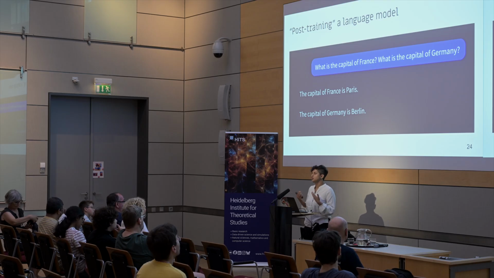Now, the nice thing is the post-training requires way less data than the actual training process. But the counterpart to this is most of the stuff that's happening at this stage requires human intervention. So humans need to judge whether this is a useful answer or not, whether it's a helpful answer or not, whether it's concise or not.